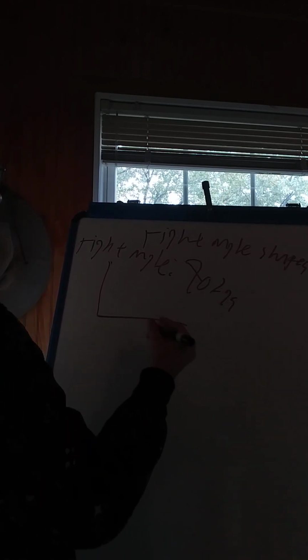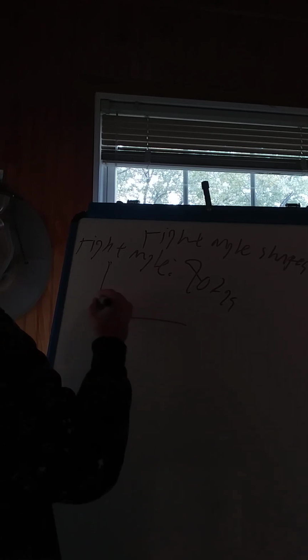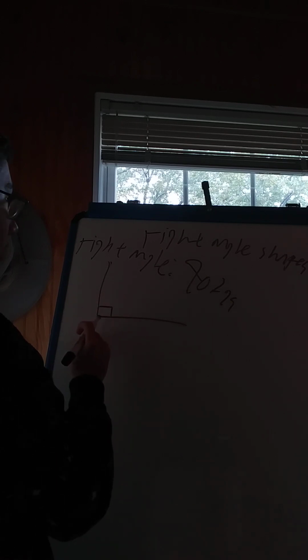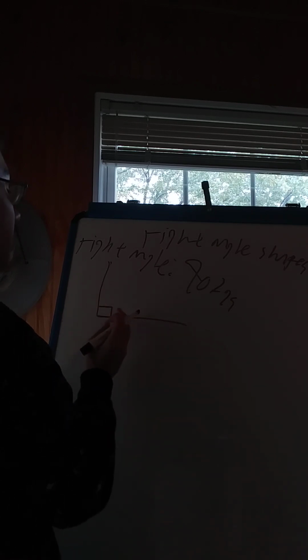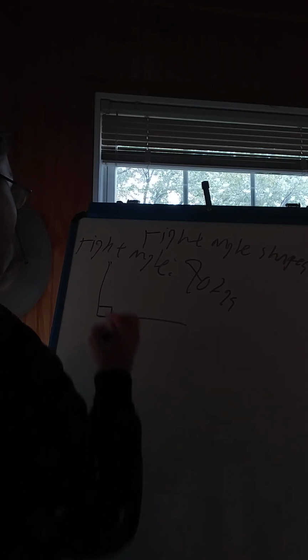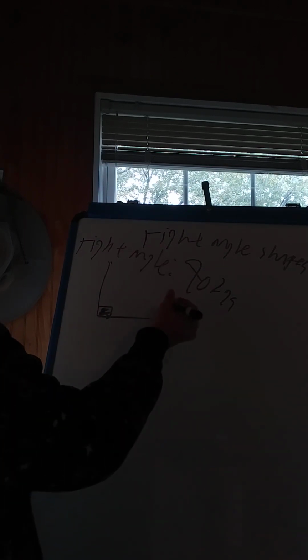So if I draw this box on the corner, it looks straight, like a mini square, and maybe I could shade it in, then that is a right angle. This is just a part of a shape. So now we're going to look at right angle shapes.